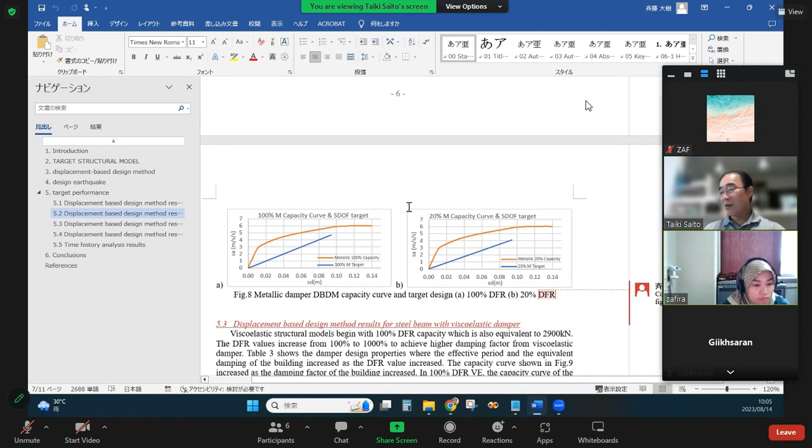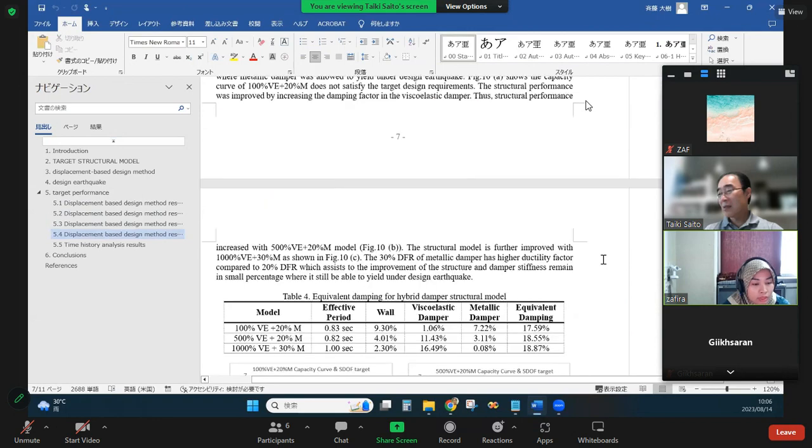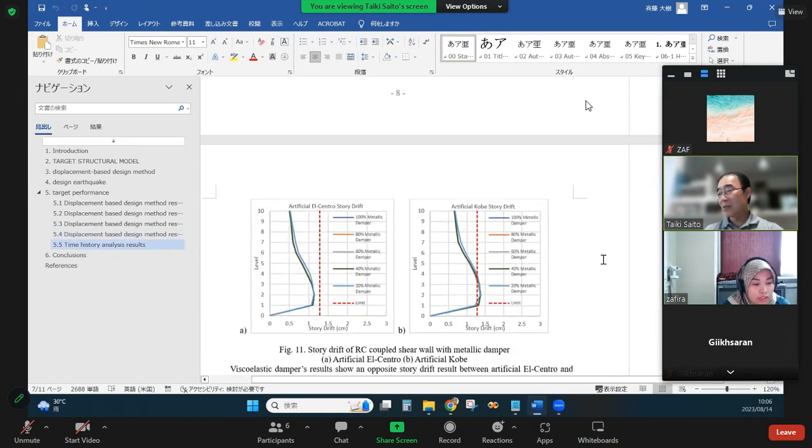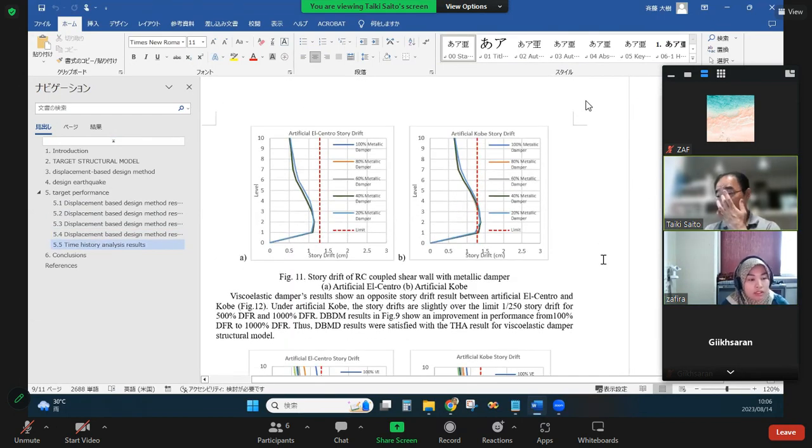So what is the conclusion for this? If compared to the time history analysis, the limit is also less than the limit. If you scroll down to the time history analysis, this one. For El Centro it's less than the limit, but Kobe only touches a little bit more.